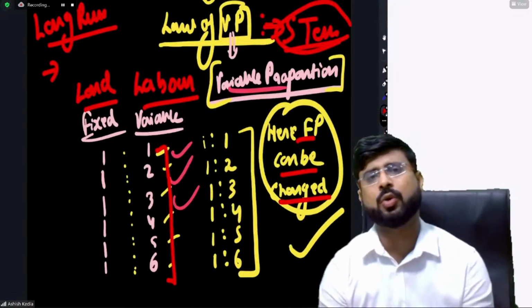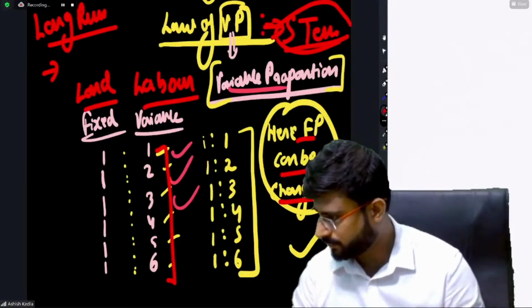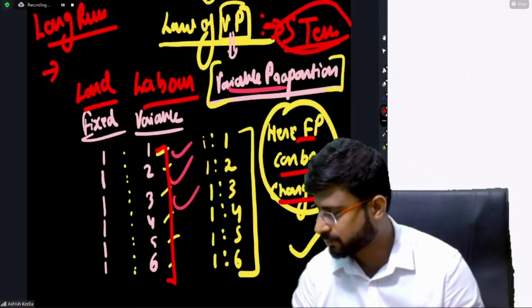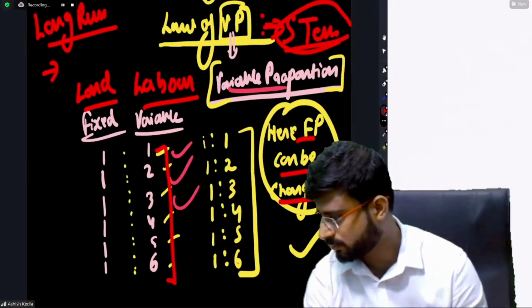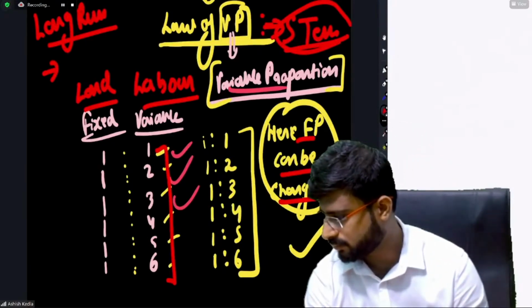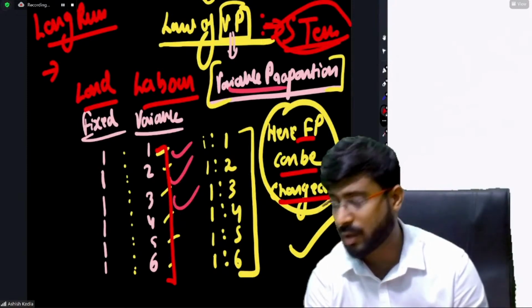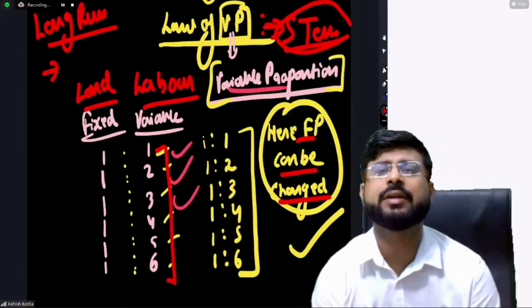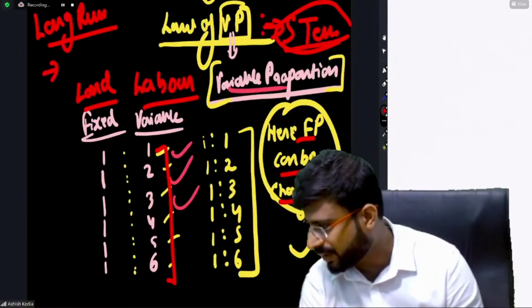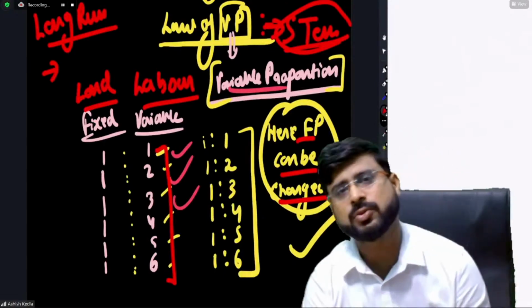Today we are speaking about the long run. Which law operates in the long run? Fantastic. That's correct, everyone. So what you friends are telling me is correct. The answer is the law of returns to scale.